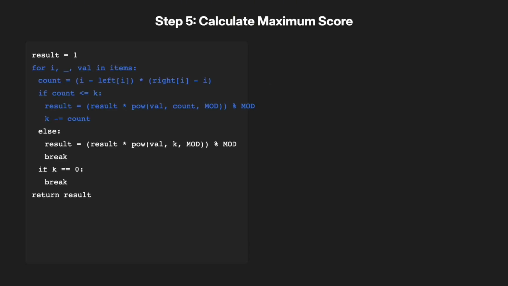Now we calculate the maximum possible score by iterating through our sorted elements. For each element, we determine how many subarrays have this element as their prime score champion using the formula (i - left[i]) times (right[i] - i).